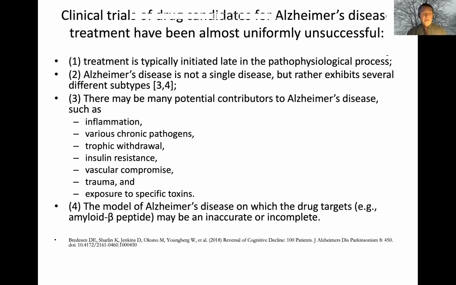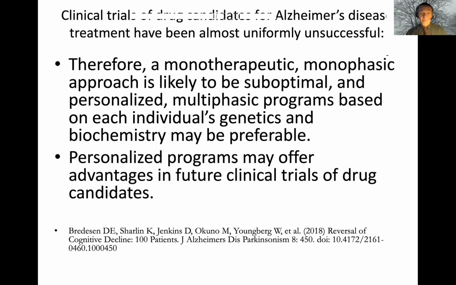So Bredesen's group talks about how treatment typically fails for dementia because it's initiated late in the pathophysiological process, and that Alzheimer's disease is not a single disease, and many things contribute.